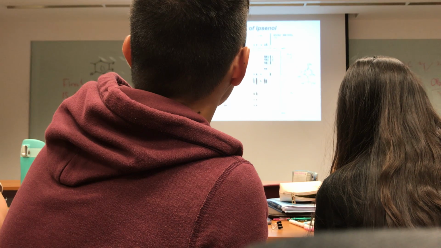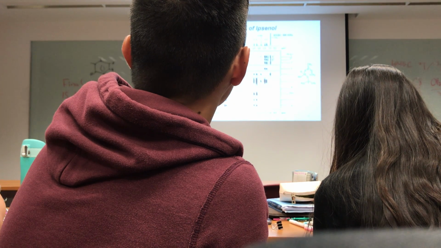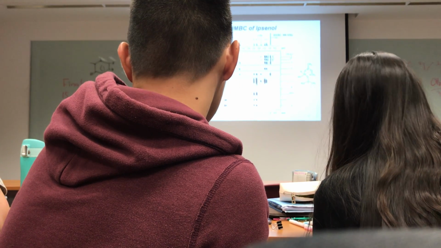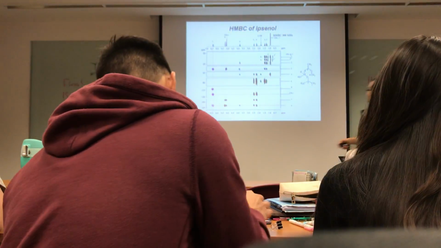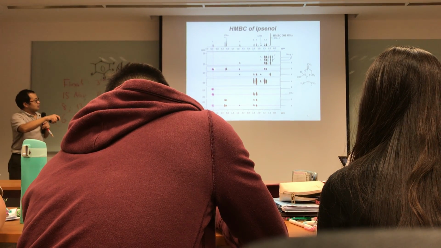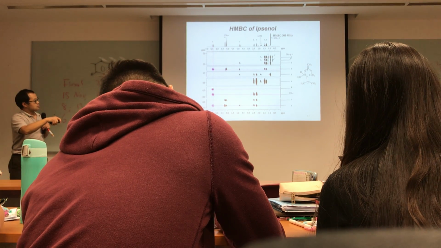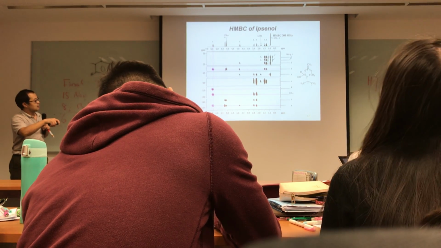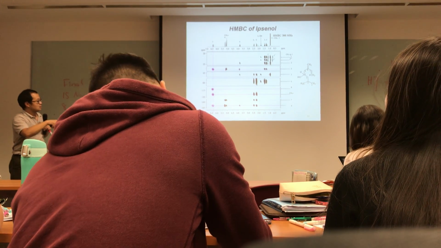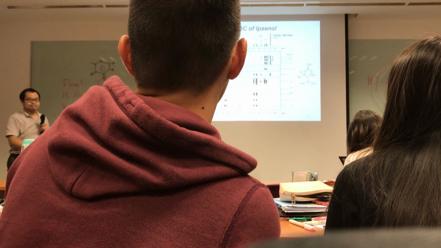Now you draw a vertical line across signal 7. You will see 1, 2, 3, 4 cross peaks. This one corresponds to carbon 5. This one corresponds to 8. This one corresponds to CH2, that's here. This one will be 6, it is here.